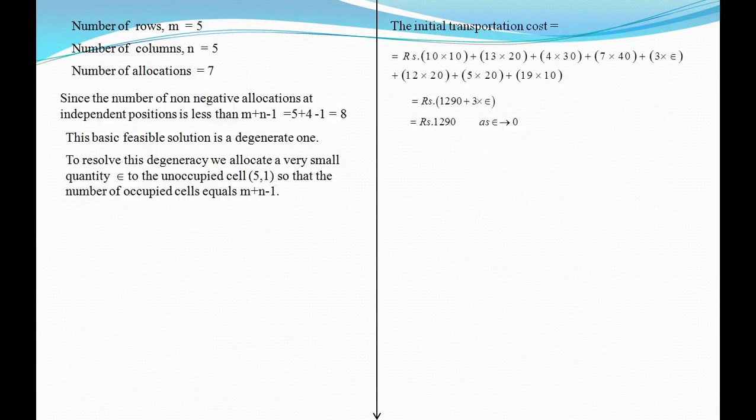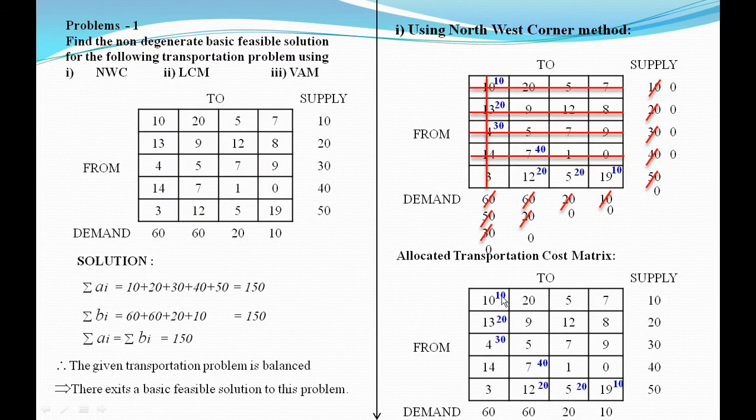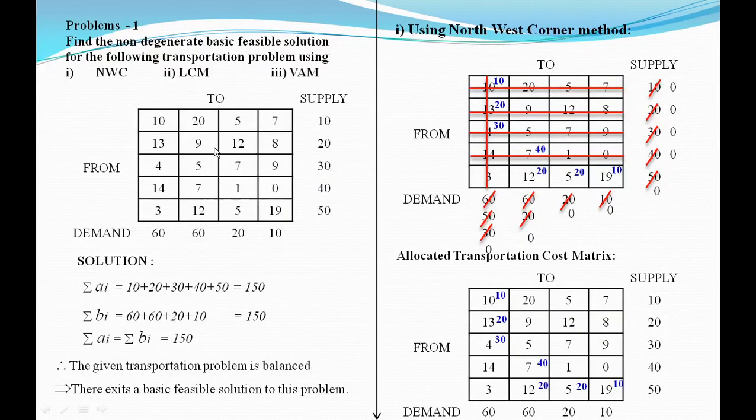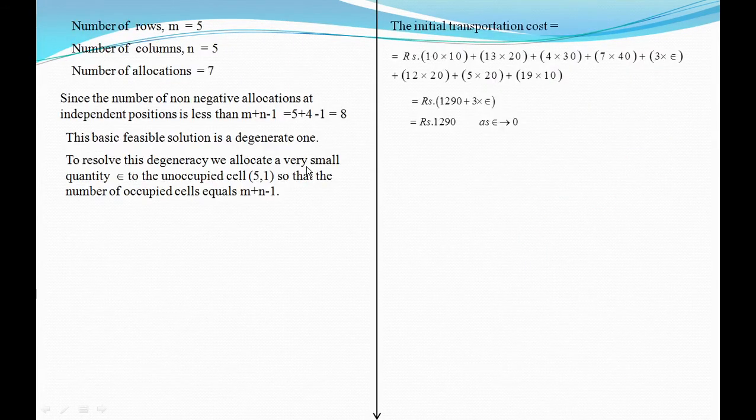Now we are going to check that the number of rows equals m. How many rows do we have here? 1, 2, 3, 4, 5. So 5 rows are there, so I have written the m value is 5. Number of columns: 1, 2, 3, 4. Actually it is 4. I have made a mistake, it is not a 5.